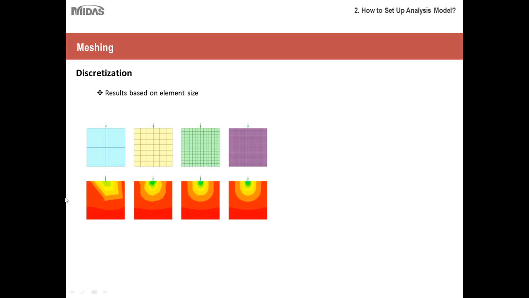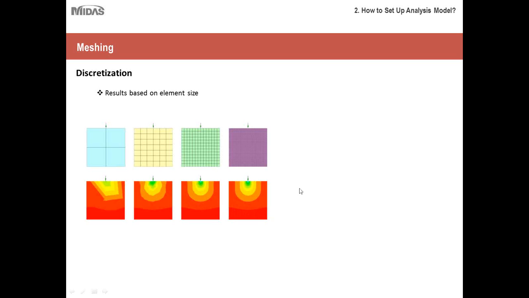So this is the result from the first, second, third, and fourth. And as you can see, from first to second, the stress contours have improved. From second to third, they have improved more. But if you see from third to fourth, the difference is not that significant, and it looks largely similar.